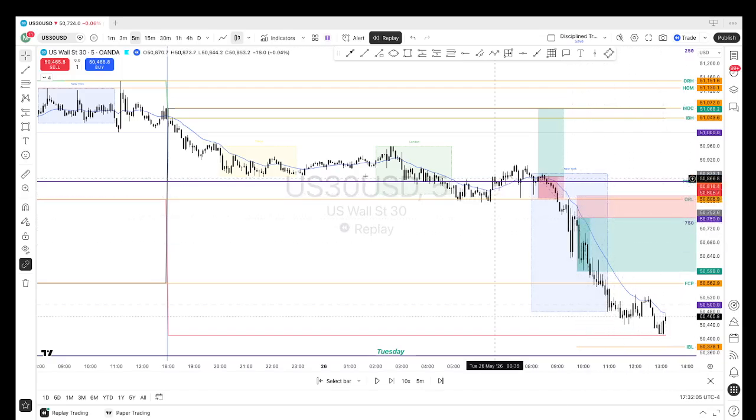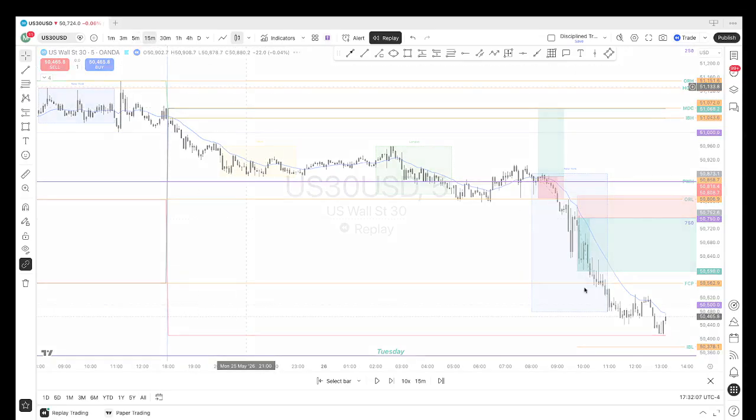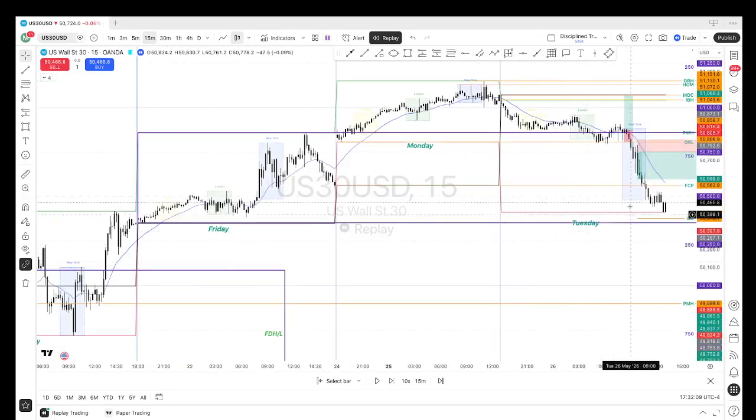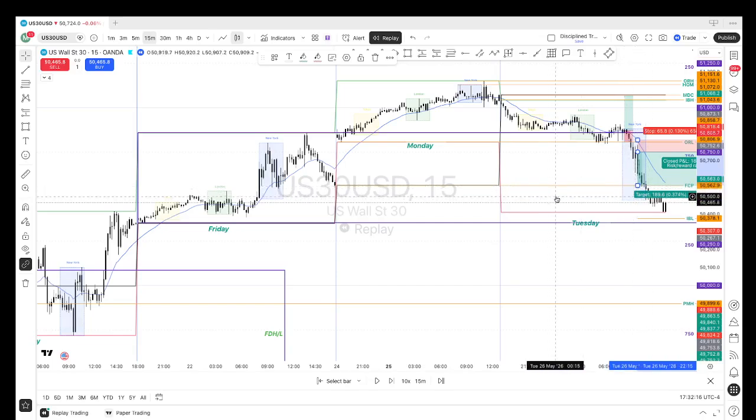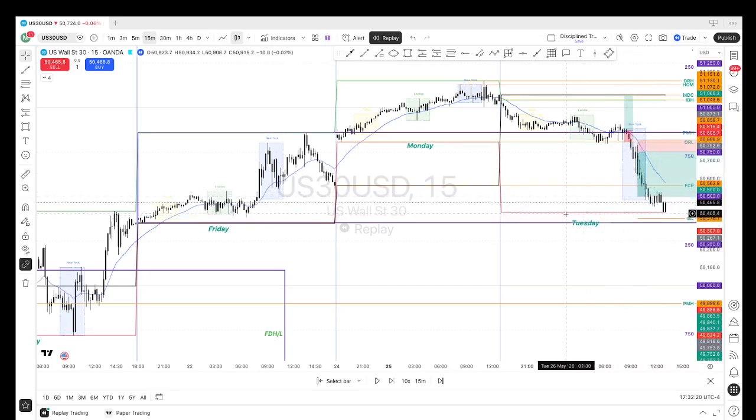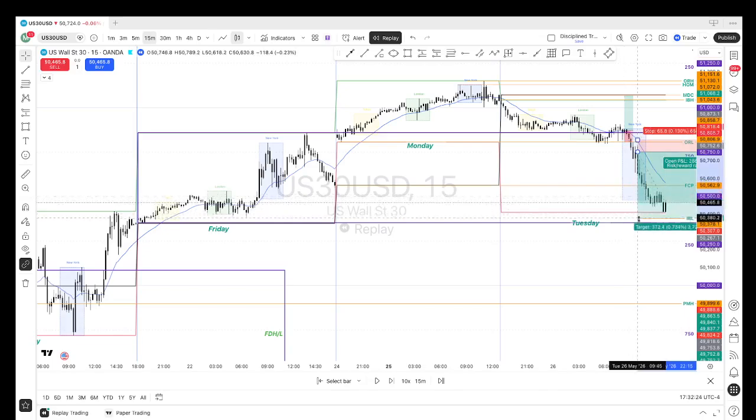Stop loss at the nearest bank level. TP for some at Friday's closing price. As TP1, TP2, we have our half level, 50,500. And our third TP, Friday's low for the Friday range.